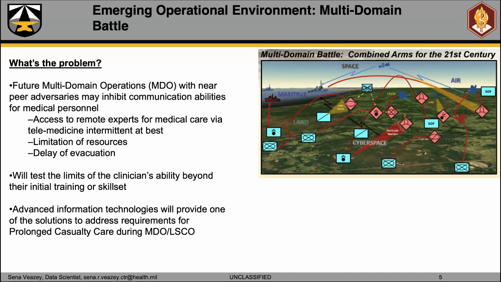However, we're expecting that it's going to be beyond 1 hour, maybe up to 24 hours or more, even up to several days, where you will not be able to get to definitive care with definitive surgical capabilities.